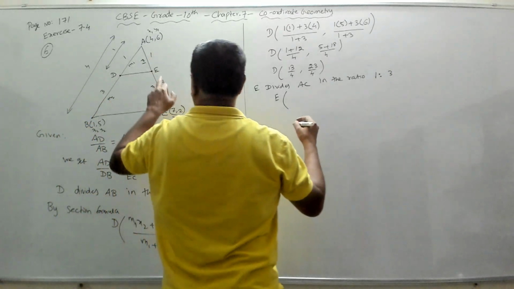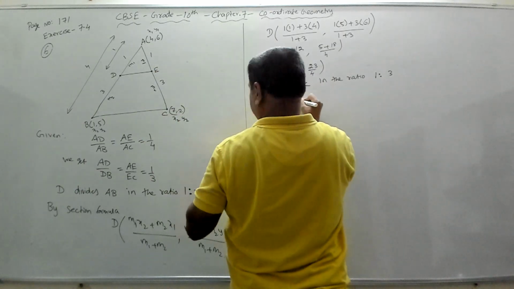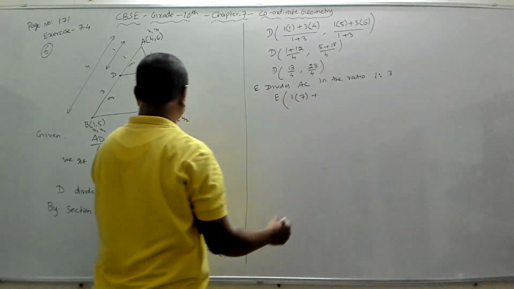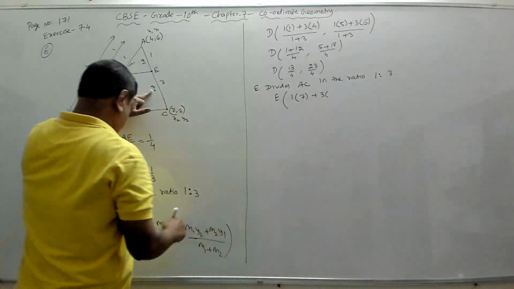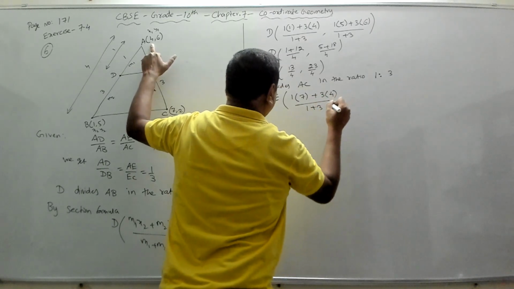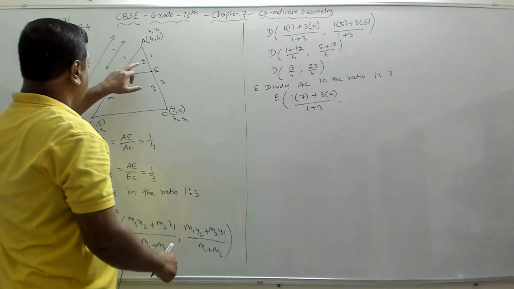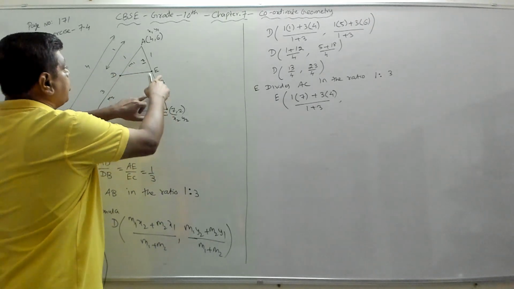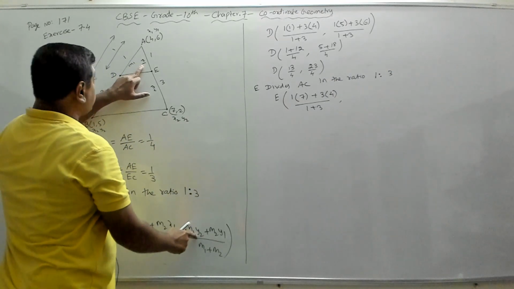So E will be, with the same formula, m1 is 1 into x2 is 7, plus m2 is 3 into x1 is 4, by 1 plus 3, comma, then similarly m1 y2, m1 is 1 into y2 is 2.